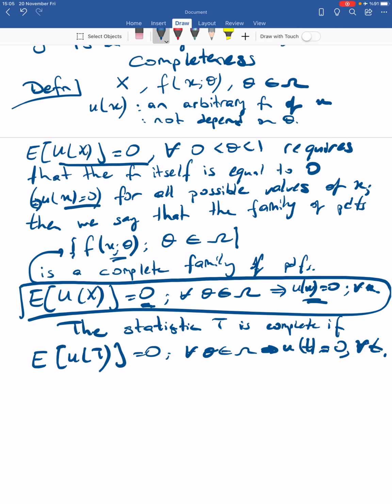In that case, our statistic T is complete. Here the statistic T appears to be the most successful in reducing the data, if we have no non-constant function of T that is even first order ancillary.